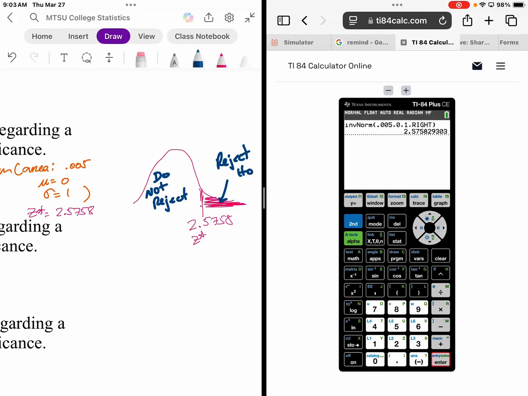So if your z statistic falls in the shaded zone, you reject the null hypothesis. If it falls in the unshaded zone, you don't. And again, that's if you choose the classical method, using that formula, getting your z statistic, and then using your alpha to help create where your z star is and see, are you in the shaded zone or not.